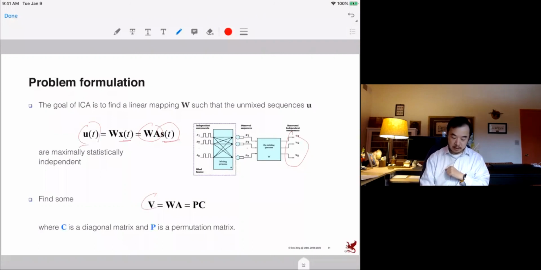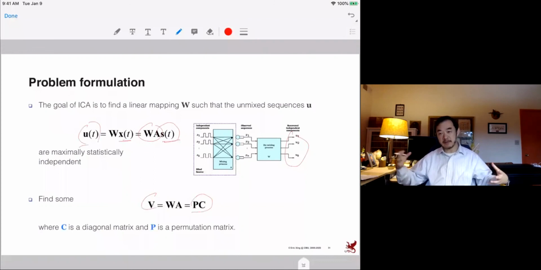Therefore, they should have the following kind of matrix structure, where C should be a diagonal, which really does not have any correlation, and P is literally a permutation matrix whose only effect is to permute the ordering of the sources.